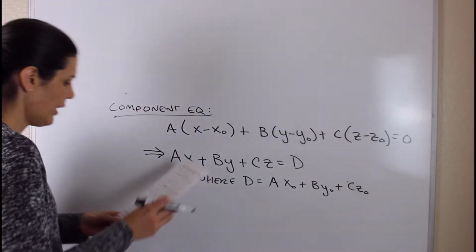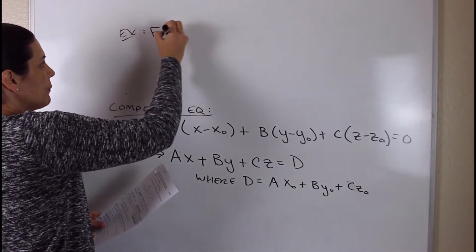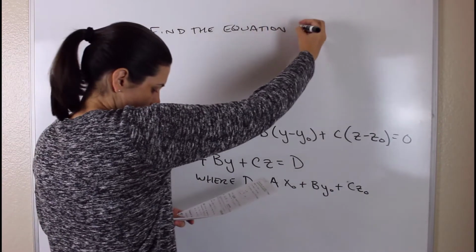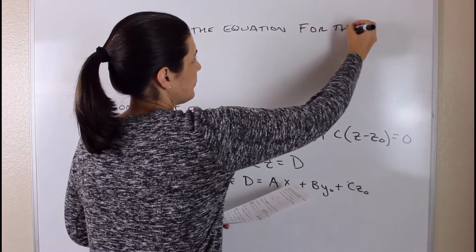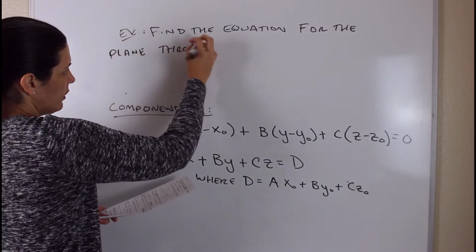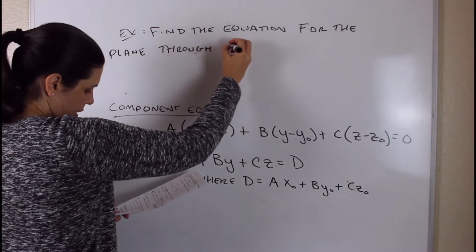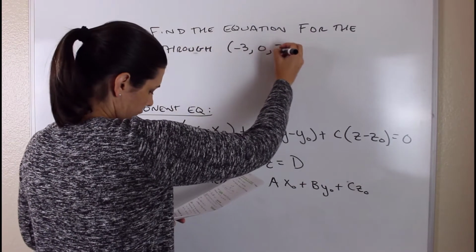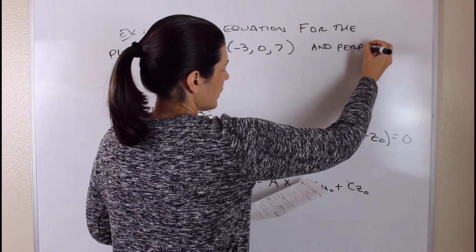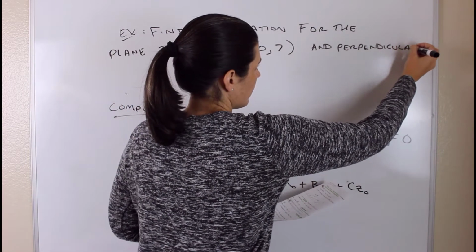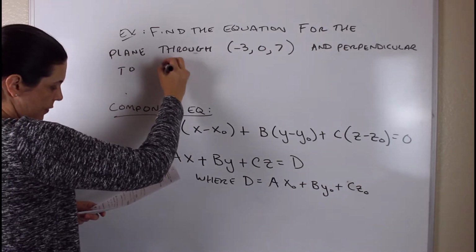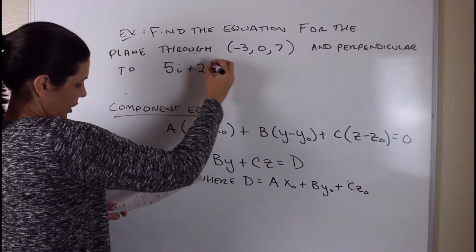Okay, so we have to find the equation for the plane through (-3, 0, 7) and perpendicular to 5i plus 2j minus k.